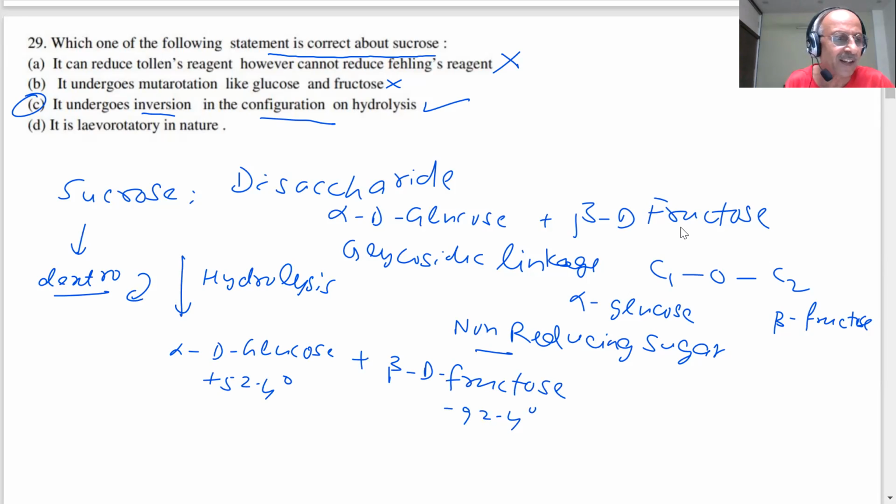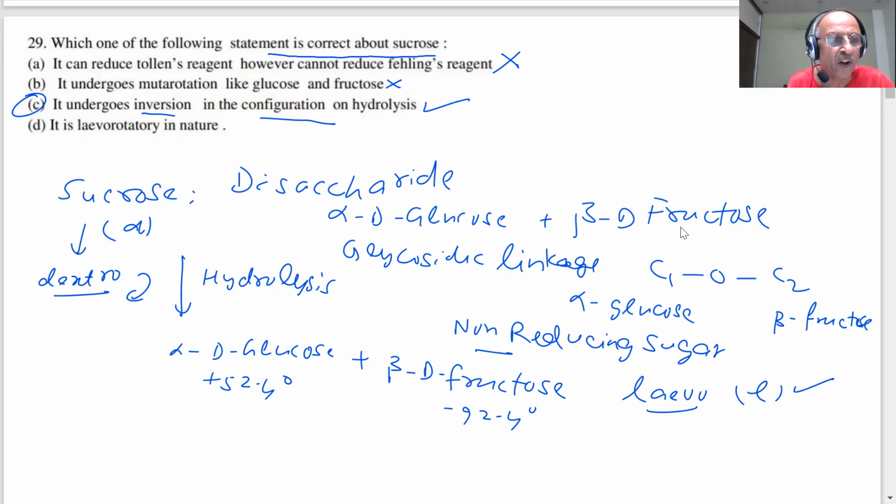So the net result is, students, the dextro will get converted, because the negative is more than the positive. So what will happen? This will become levo. This is a D, but it will behave like L, students. So there will be inversion of configuration, what we call inversion.